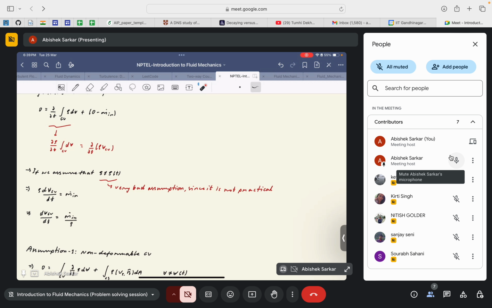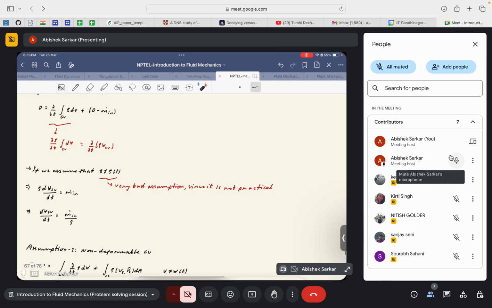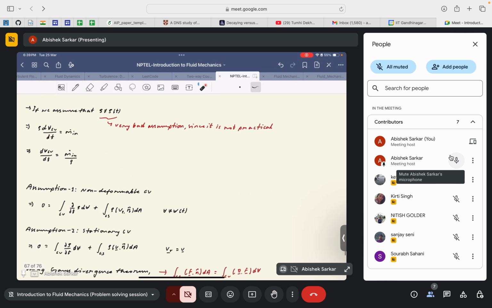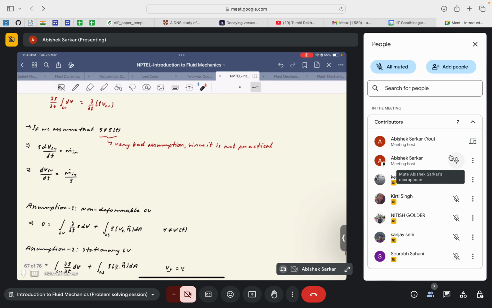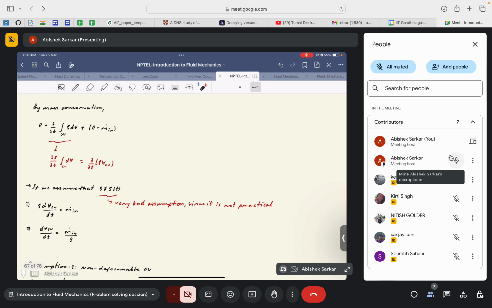That's why this is not a very good approximation. It is a very rough, very crude way to treat this problem. Professor Chakraborty might also have mentioned that problems like balloon inflation, where the boundary of the control volume is changing with time, are among the hardest problems in fluid mechanics.